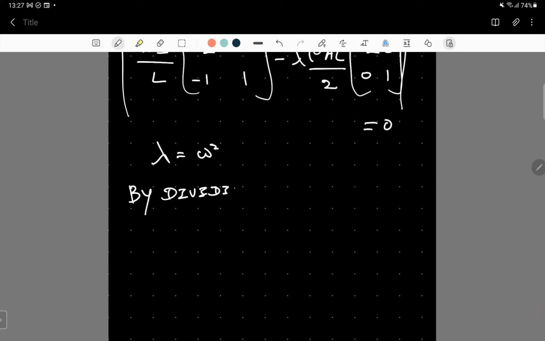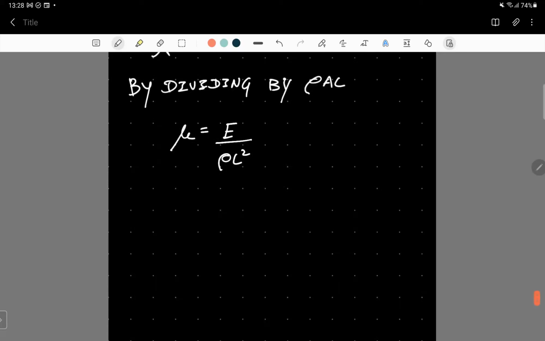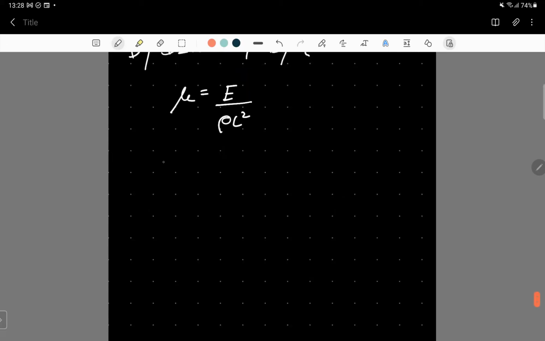By dividing the equation by rho A L, and of course letting this term E divided by rho L squared be equal to mu, we obtain the following notation.